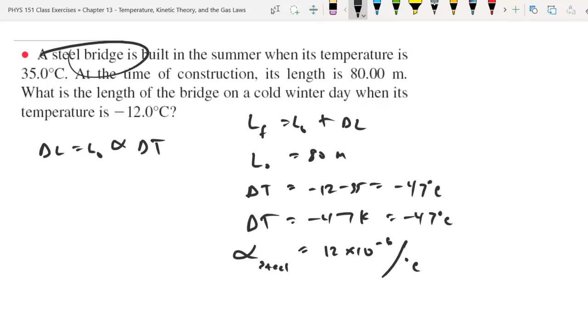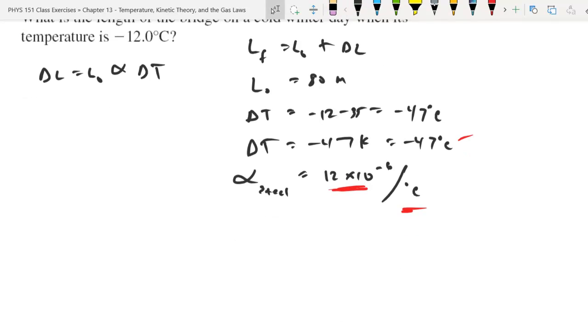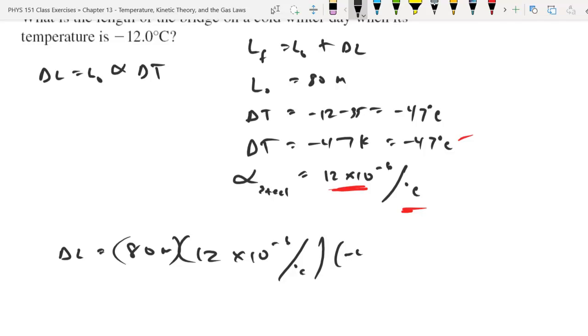And so we see our units are going to work out. That's just going to be a number divided by degrees Celsius, multiplied by degrees Celsius. We have a number, multiply that by something in meters, and delta L is going to be in meters. Now it's just a matter of plugging it in. So delta L is 80 meters times 12 times 10 to the negative 6th per degree Celsius times negative 47 degrees Celsius.